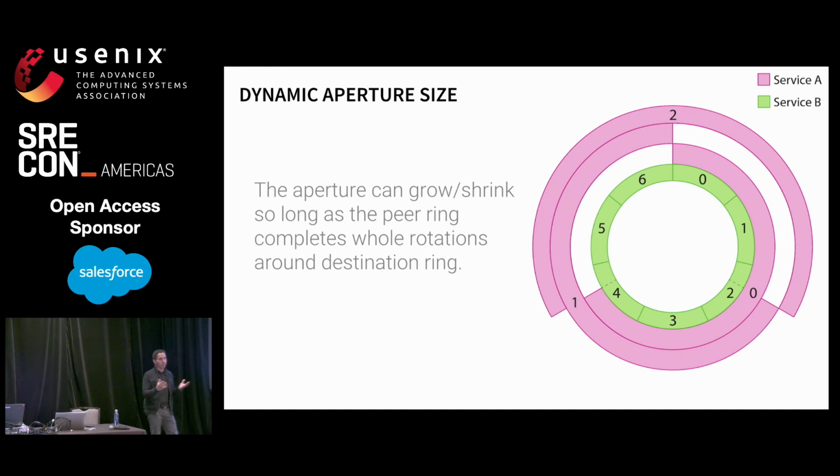You want to make sure that you don't wipe out your entire aperture, or the probability of wiping it out is a lot less than normal. The way to do this is simply to wrap around the ring a whole number of times. So in this case, we wrap around twice, giving each instance of A 4 and 2/3 of service A. Sorry, service B rather.